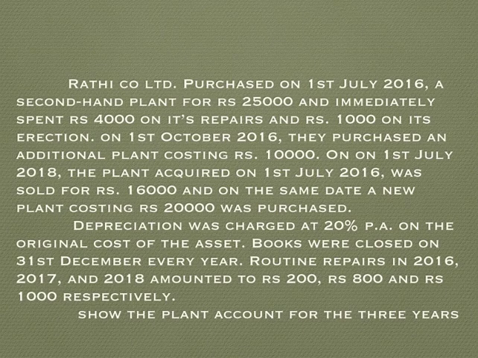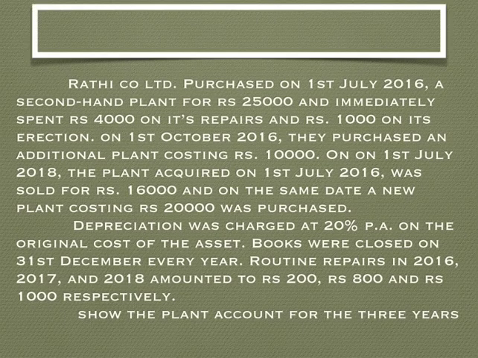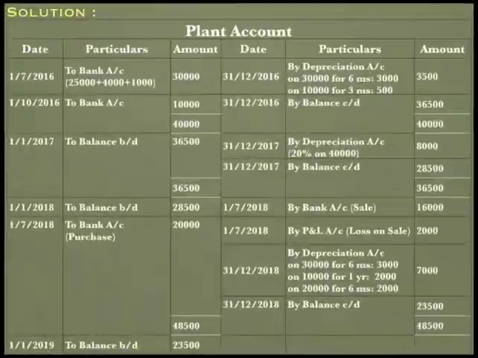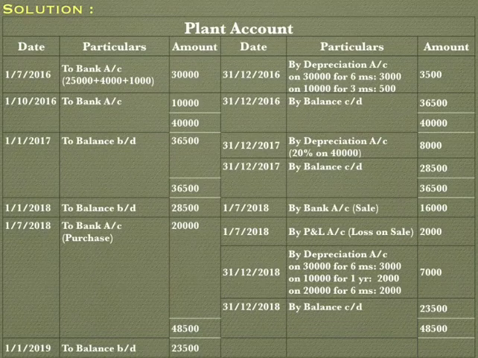They told that on 1st October 2016 they purchased an additional plant costing rupees 10,000. Let us make this entry also. So on 1st October 2016 the second entry, to bank account, is written here, amounting to rupees 10,000. This is the next purchase in this year.